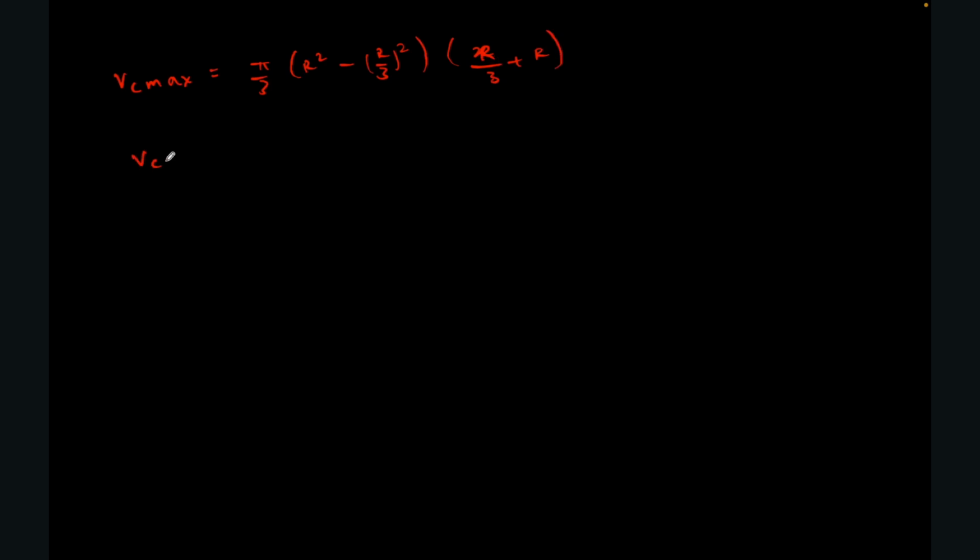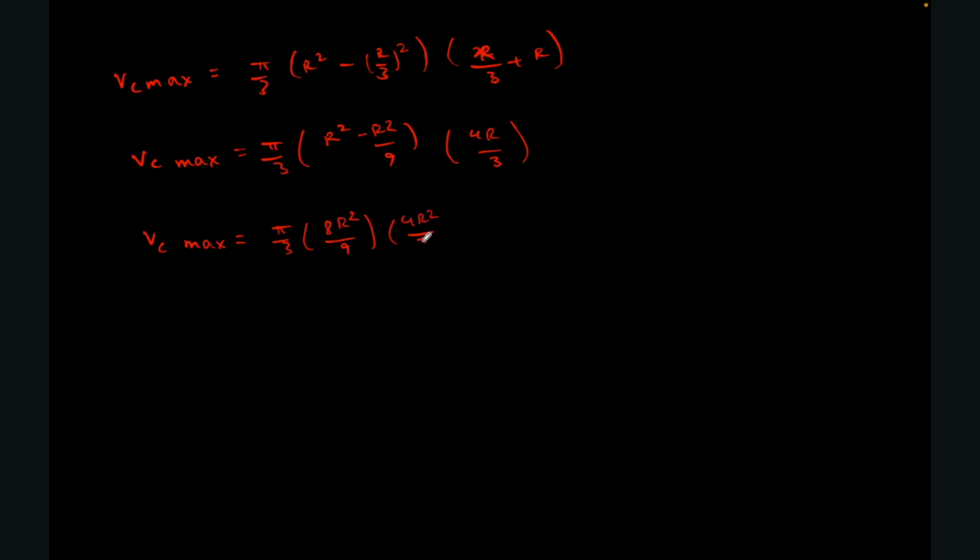So V_C max will be π/3 (R² − R²/9) times 4R/3. This is going to be π/3, this is going to be 8R²/9, and this is going to be 4R/3.